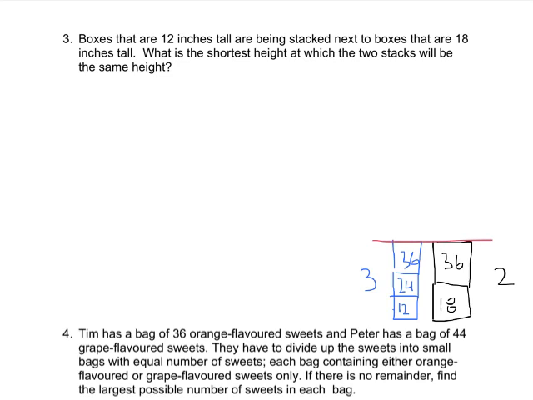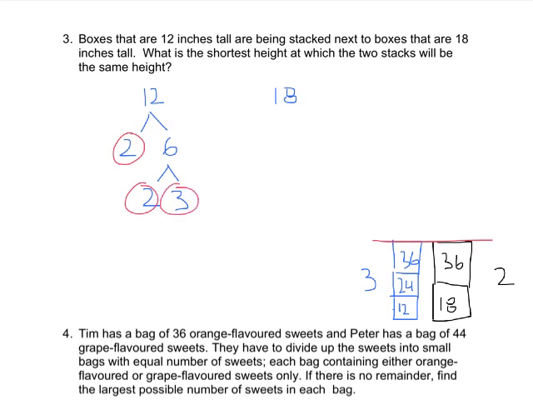Okay, but let's do that using prime factorization. You've figured out that this is a lowest common multiple problem, so let's do that first. Okay, so we have 12 and 18 as my 2 numbers. 12 factors into 2 and 6, and 6 factors into 2 and 3, and those are all prime.